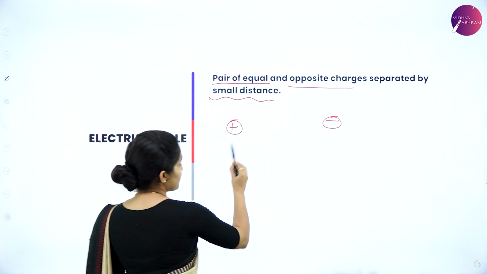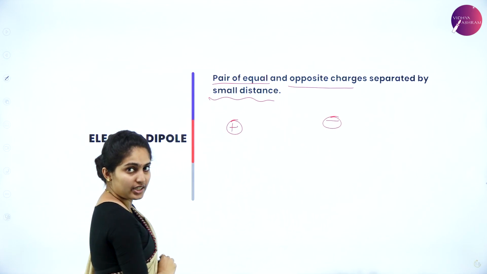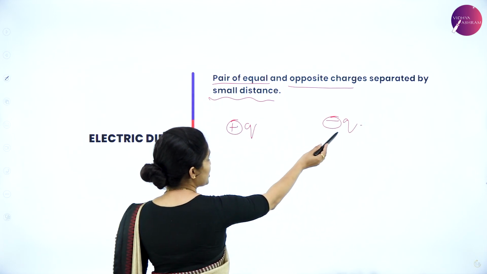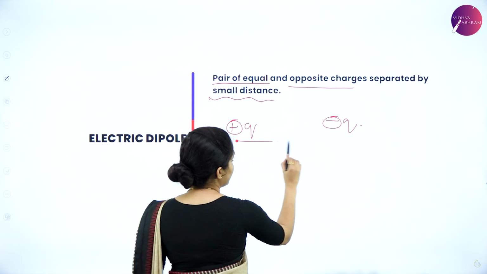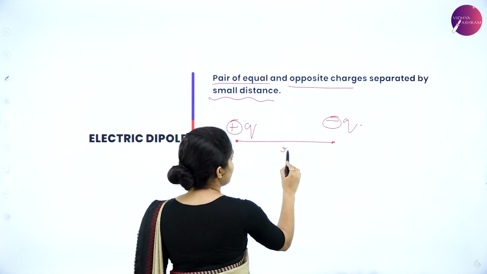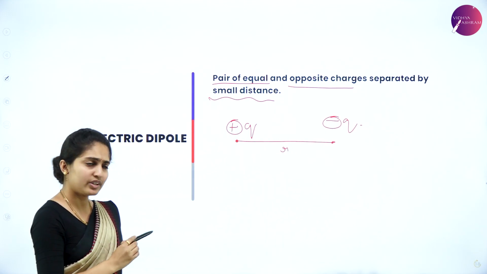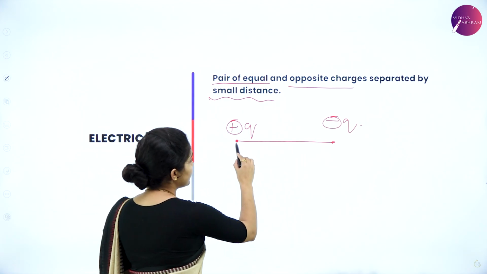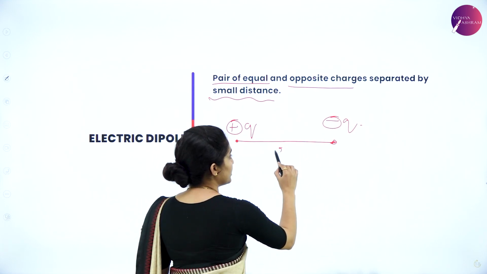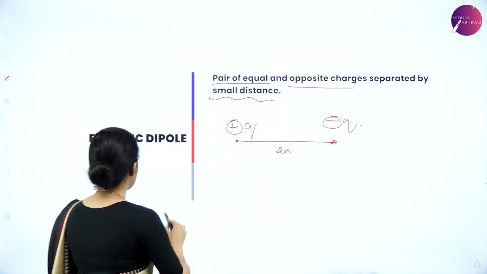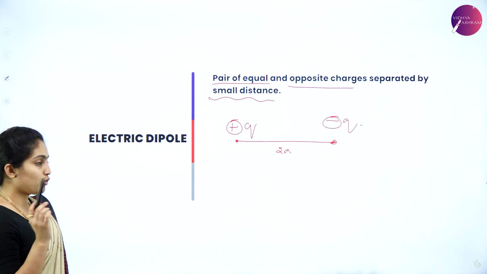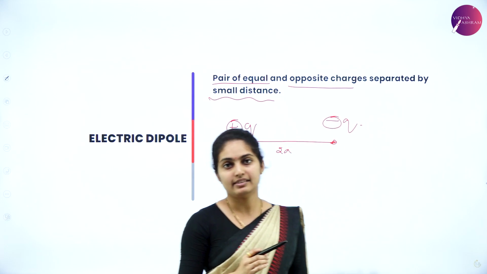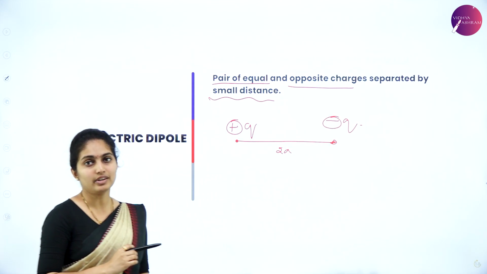The distance can be called r, or 2a. So a pair of equal and opposite charges separated by a distance 2a is nothing but an electric dipole.